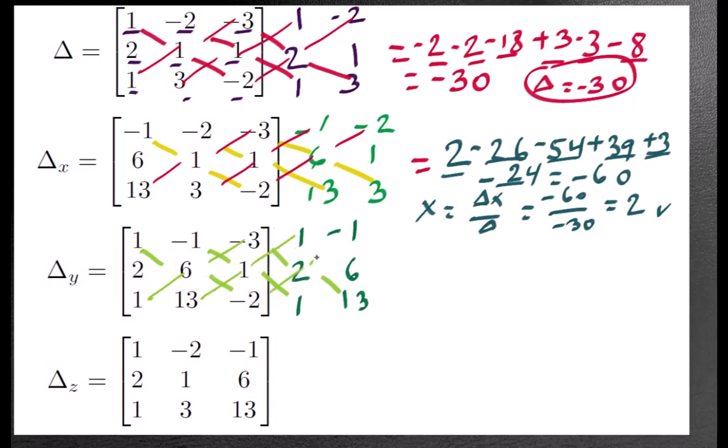So we go ahead and you can say that the determinant for y will be minus 12, minus 1, minus 78, 26 times 3.